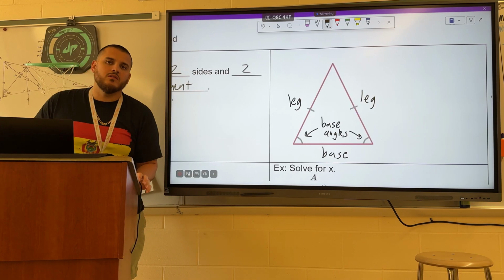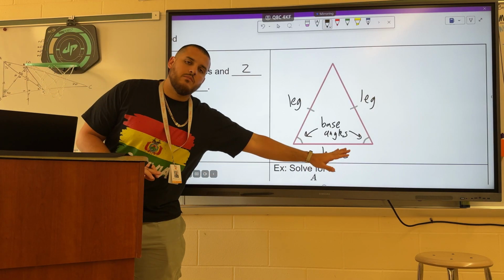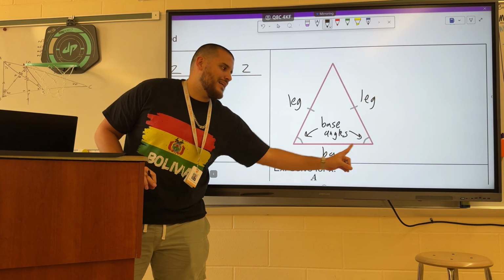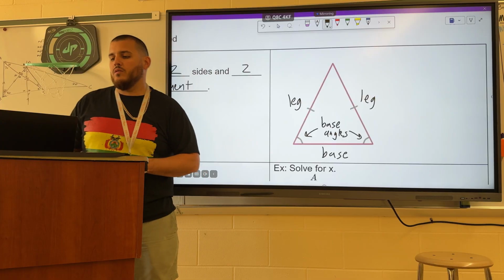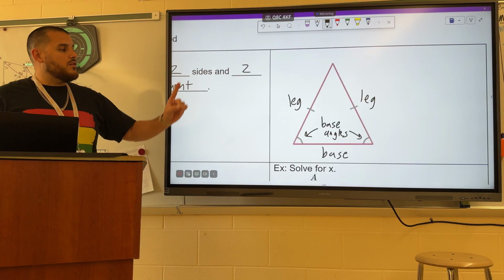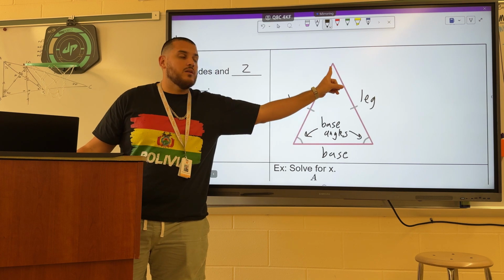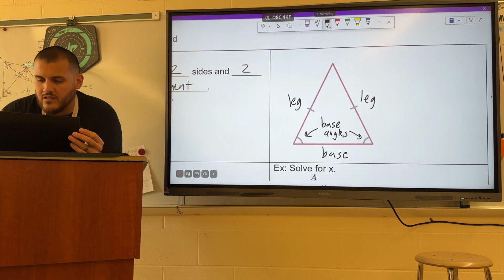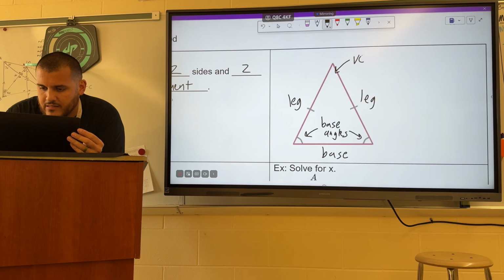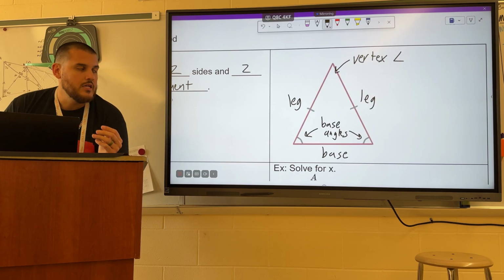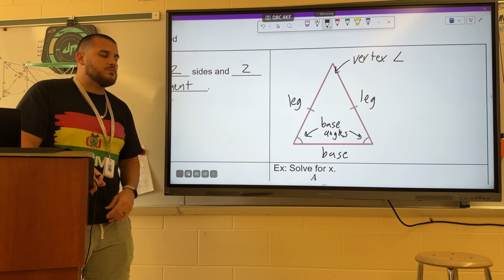They're the two angles that include the base, meaning the base is the side that connects those congruent angles. The other angle, the angle that is included in the legs, it's where the legs meet each other, that is called the vertex angle. It's the vertex angle. So it's very important to know these parts.